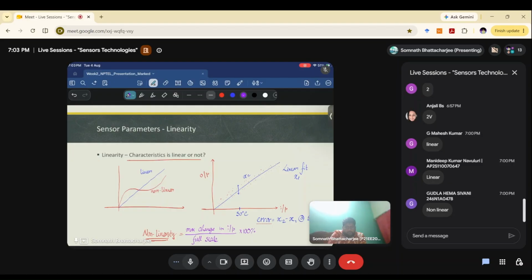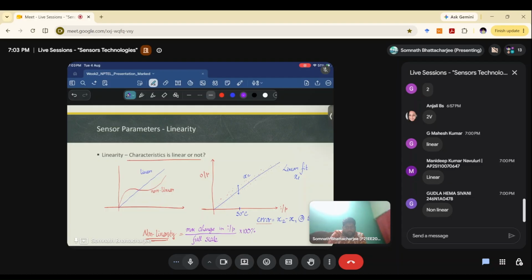What is the basic difference between these?